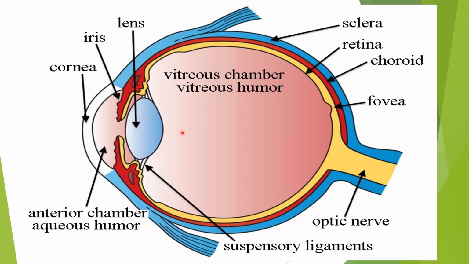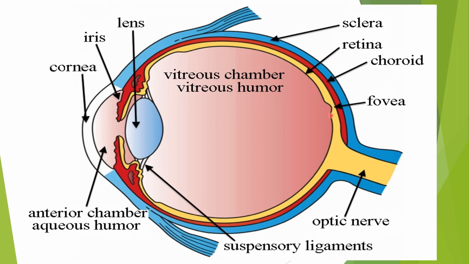Then the light rays pass through the vitreous humor, which also acts as a refracting medium. Finally, they converge on the fovea or the yellow spot. And the characteristics of the image formed in the fovea or the yellow spot are real, inverted, and diminished.